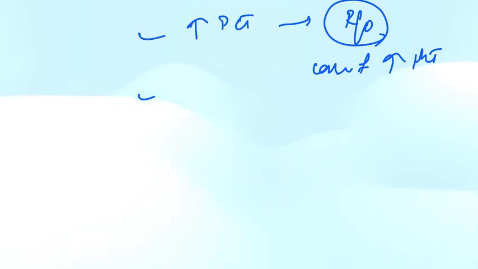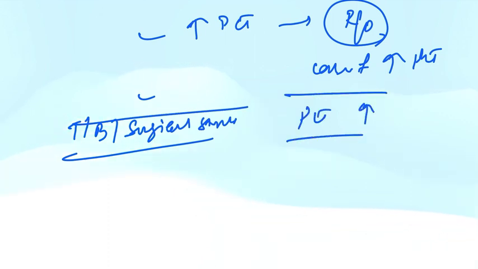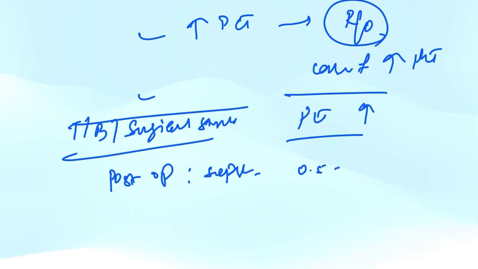So as we have discussed, in trauma or burn or surgical stress, baseline value of PCT can be higher, right? So for post-op patients, to determine sepsis, the cutoff value can be set a little higher, like 0.5 to 1.